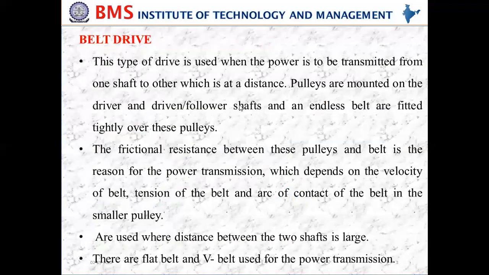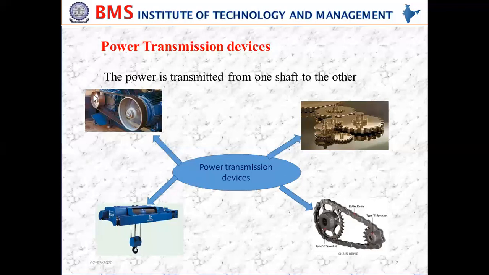Second point, the frictional grip between the belt and the pulley, that causes the motion, so that we can transmit the power.